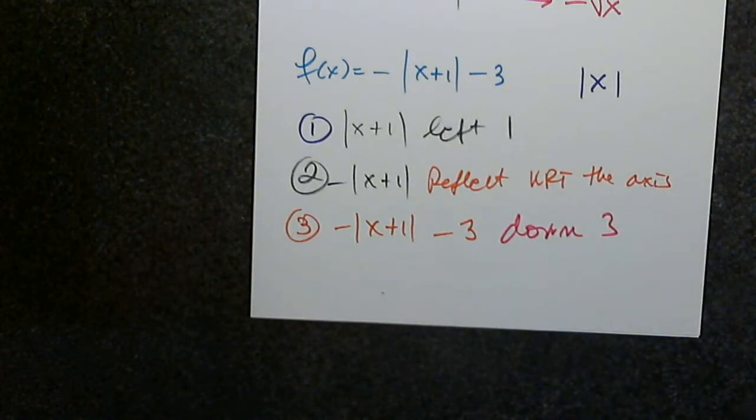Because I'm changing y. When I change y, it's a vertical transformation, right? When I change x, it's a horizontal transformation. That's why I always have to ask myself, what am I changing? If you say x, then expect something to happen this way. If you say y, expect something to happen this way. That's why that is always the first question.